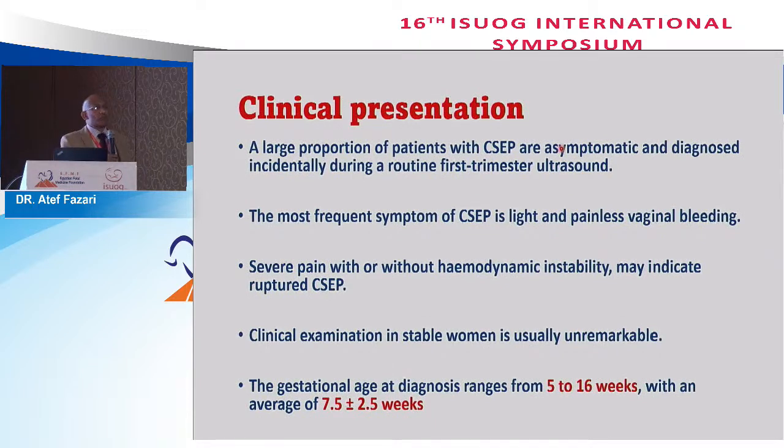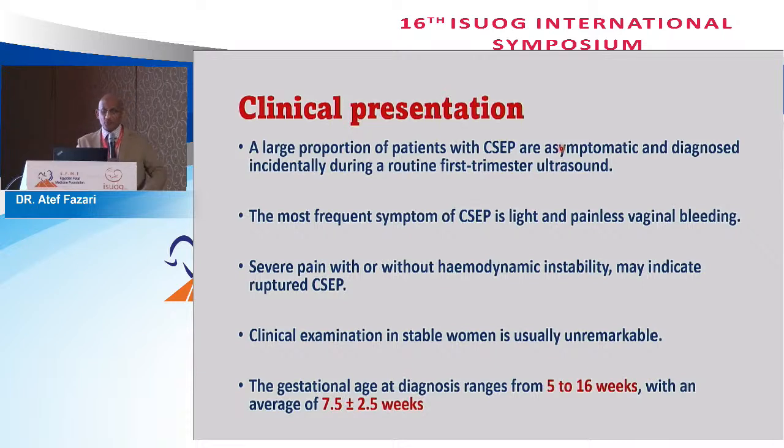As for the clinical presentation, most of the cases are asymptomatic and discovered incidentally. If symptomatic, maybe some spotting, and it can be considered early pregnancy spotting or threatened miscarriage. Rarely a patient comes with some pain. Even with pain or without pain, as long as they are hemodynamically stable, we cannot exclude rupture of a scar pregnancy.